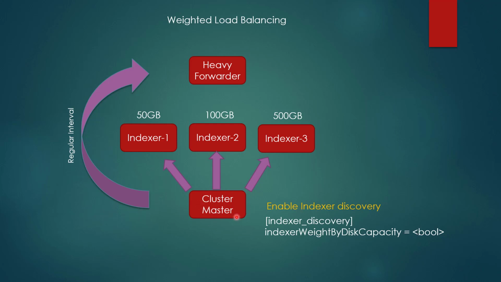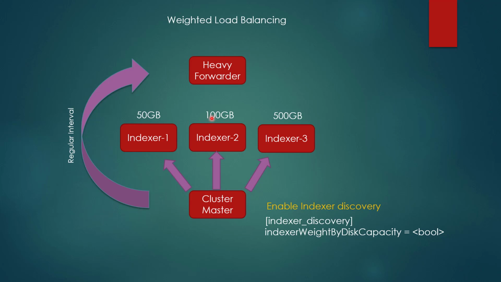If you remember, the forwarder has a setting where it switches to different indexers after a certain time, at a definite interval. Whenever it switches the indexer, it also takes into consideration the space available on the indexer.